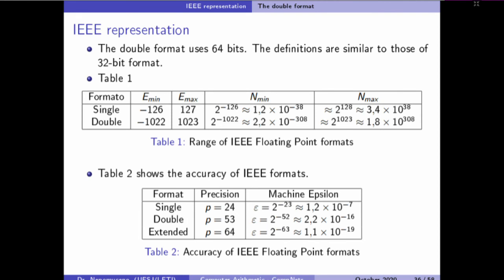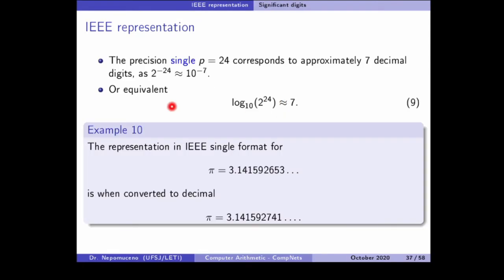IEEE representation. In format double, this represents here all the numbers. So this is a table that you can see here just to take a look, because this is all the numbers. So you don't need to realize, but this is very useful just to have a look, right?